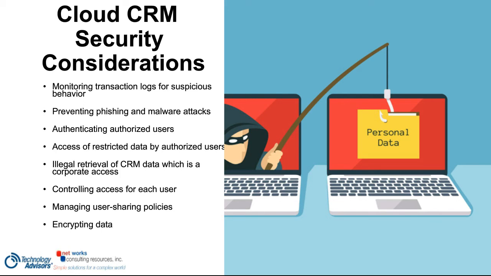Access of restricted data by authorized users. There are programs out there that you can run that will give you, on database and file structure, who has access to what. We run these tools, and sometimes we find out that someone has given themselves administrative rights to the HR folder, or the top of the share.